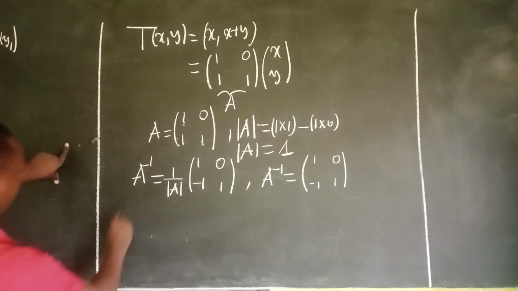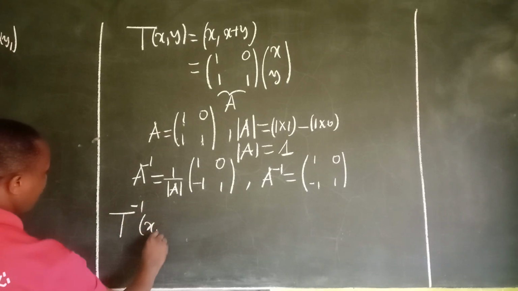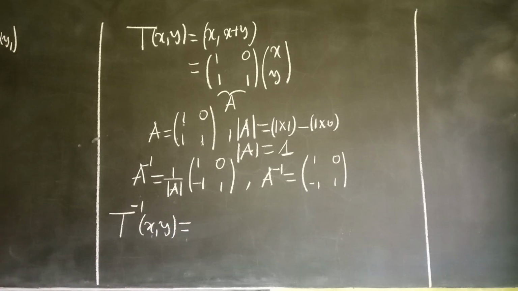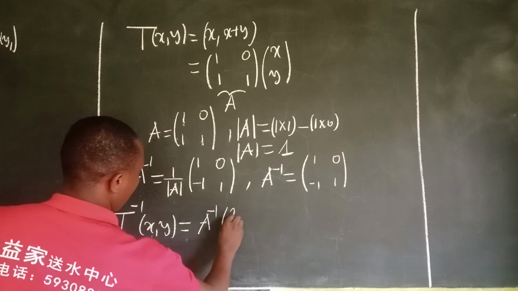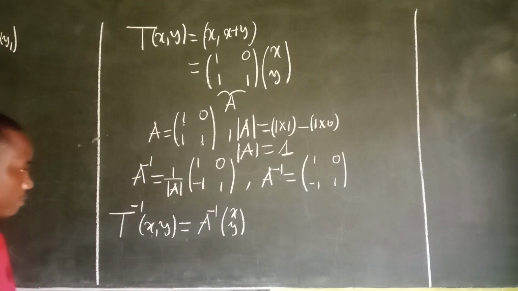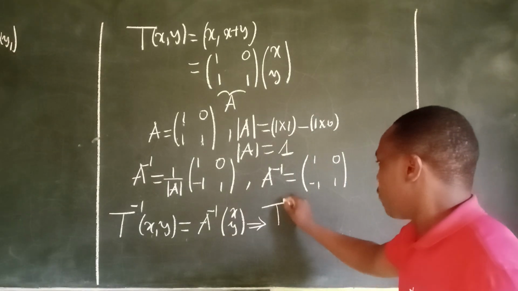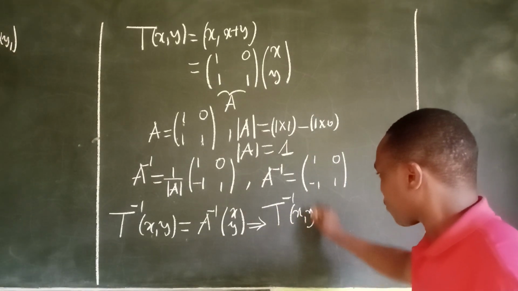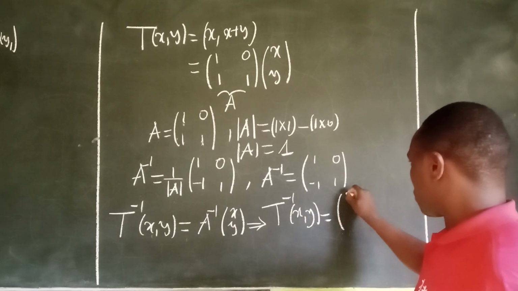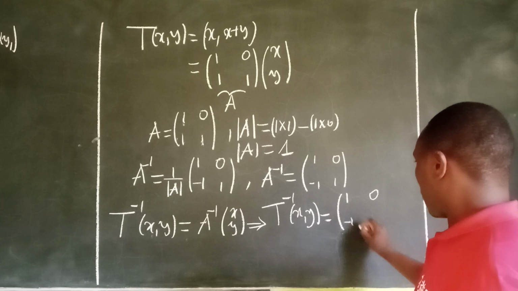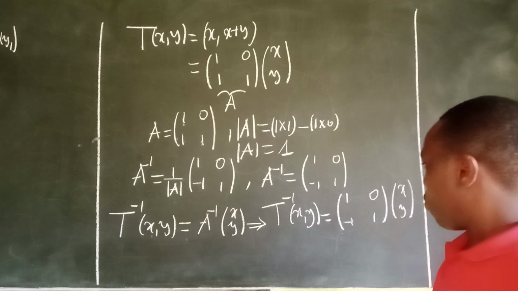So, the inverse of the linear transformation, T inverse (x, y), will be written as the matrix inverse times (x, y). This inverse transformation is equal to [1 0; -1 1] times (x, y).